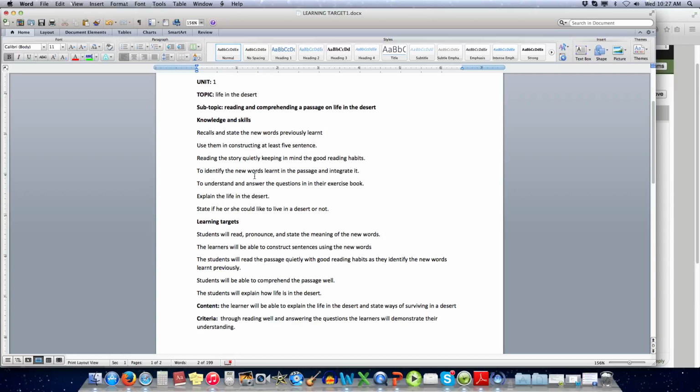And then you have students will explain how life is in the desert. When I see that word explain, I'm thinking again either orally or written for that one as well. Just thinking ahead, if you look on page 60, there are the different types of assessment methods that we have: selected response, constructed response, observation, and student self-assessment.